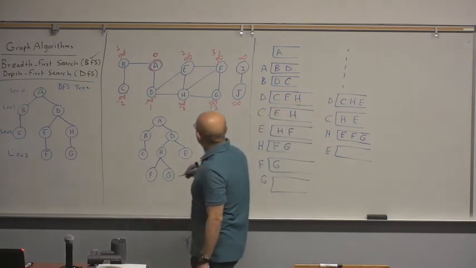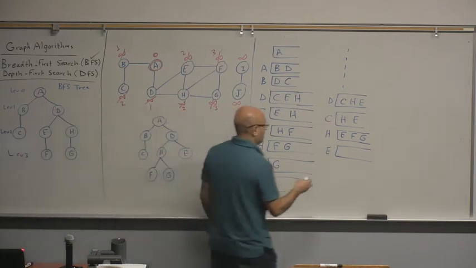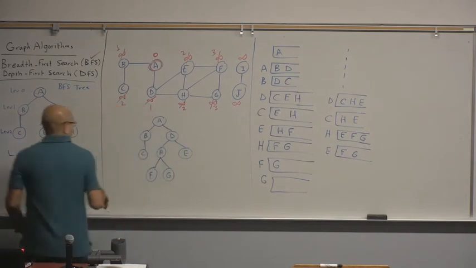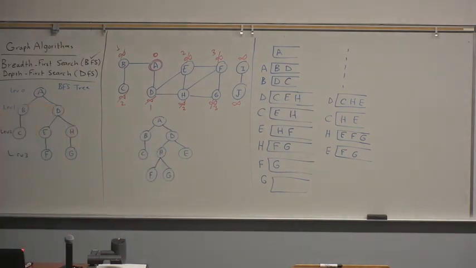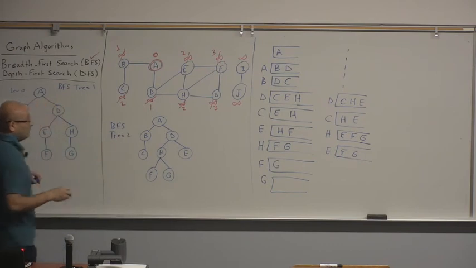Now what are the neighbors of E that have not been visited? Nothing. So we will not enter anything, and we'll have F and G. So E will not have any children. So this is BFS tree 1, and this is BFS tree number 2.